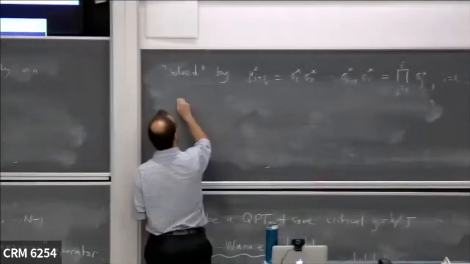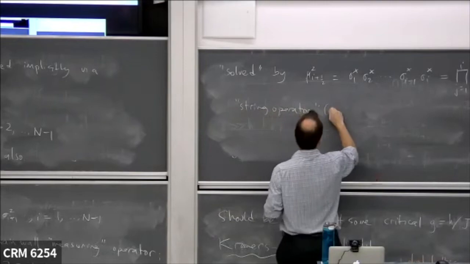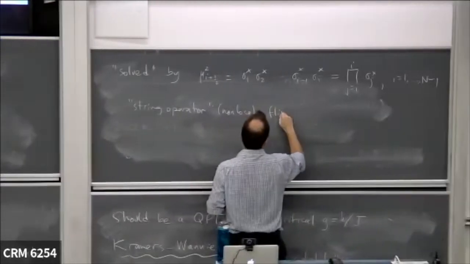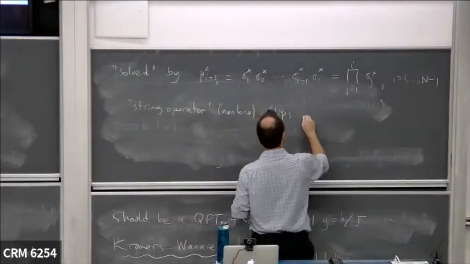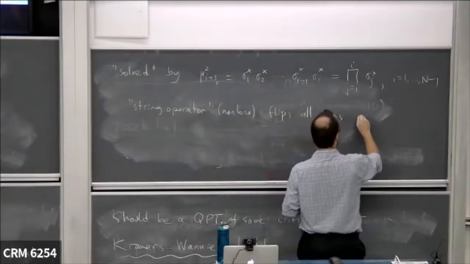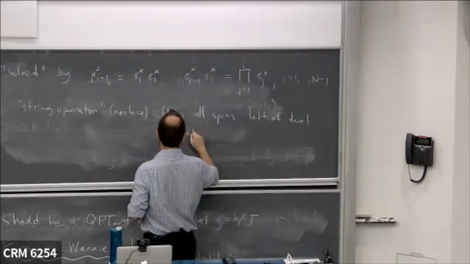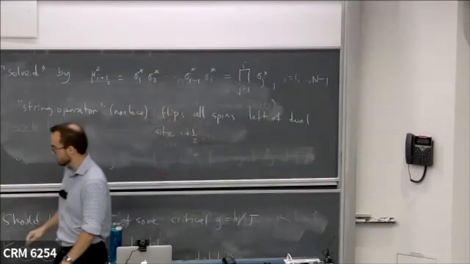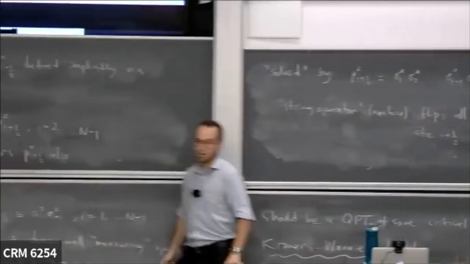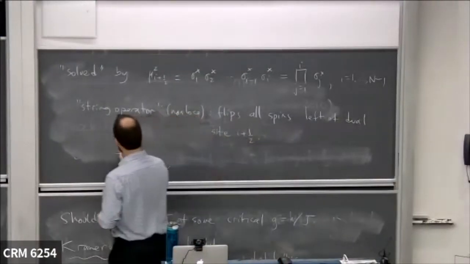So this is what you would call a string operator. It's a non-local operator; on an infinite system, it would have an infinite number of operators. It flips all spins to the left of the dual site I plus a half. So if this one was a domain wall measuring operator, then this is a domain wall creation operator.